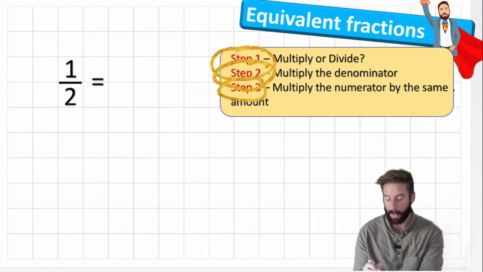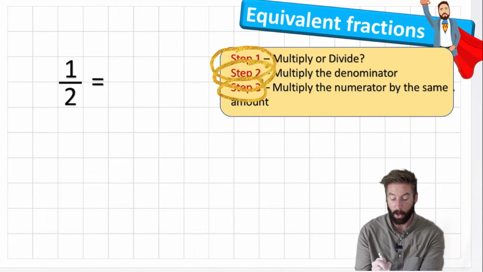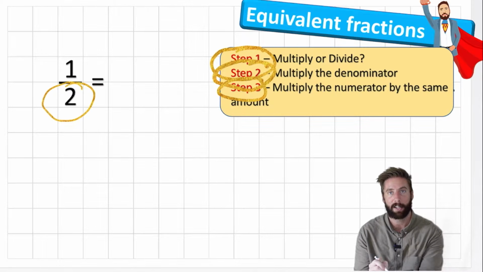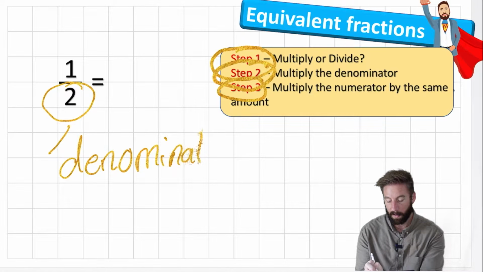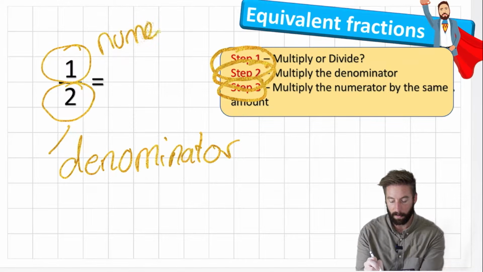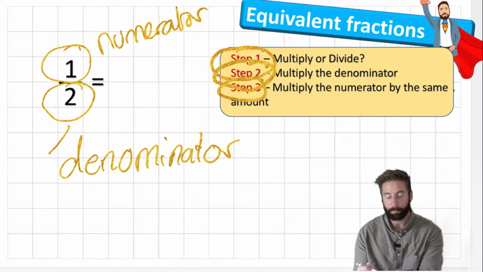So what is a denominator and a numerator? Well, the denominator is this digit at the bottom. This would be the denominator. And the numerator is this one at the top. This is the numerator. Now, the denominator is showing you how many pieces your item has been split into.